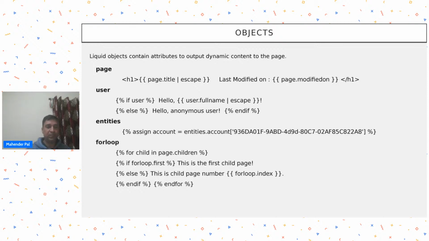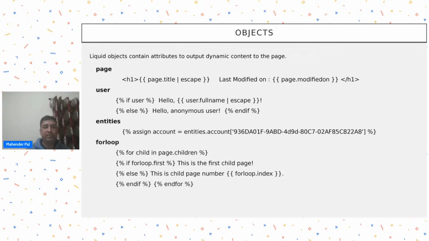If they are not authenticated, we will transfer them to maybe the sign-in page, right? We can put this condition and use scripting here, and based on that we can navigate the user to a different page if they are not authenticated. Those kinds of things we can do using the user object.